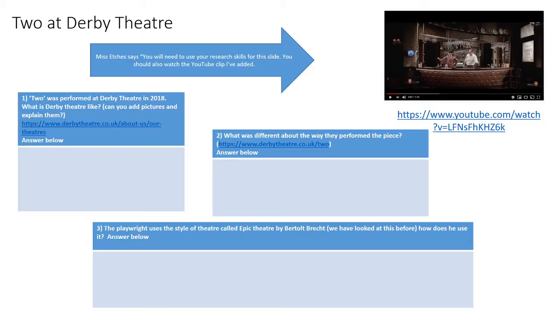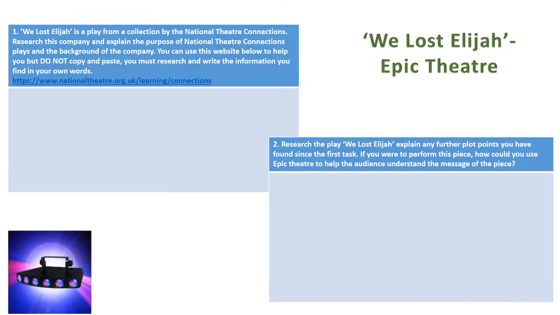And they use lots of different dramatic techniques, such as multi-rolling, still images, thought tracking, physical theatre, conscience corridor, and many more. Try to put some of that terminology in your answer and think about how they use that to create an effective piece. Again, if you want to pause here and complete the slide as we are working, that's fine. Or if you want to carry on, that's also fine.